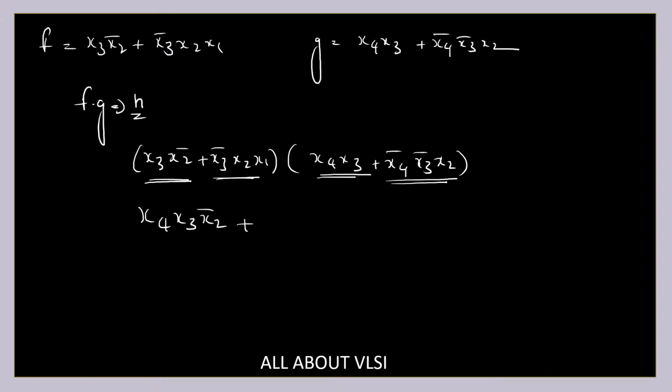I can multiply these two terms, which is x4 complement x3 complement x2 x1 plus, I can multiply these two terms. So it will be 0. What I'm left with, so this with this, which is nothing but x4 x3 x2 complement plus this with this, which is nothing but x4 bar.